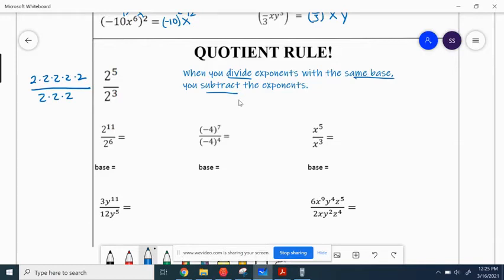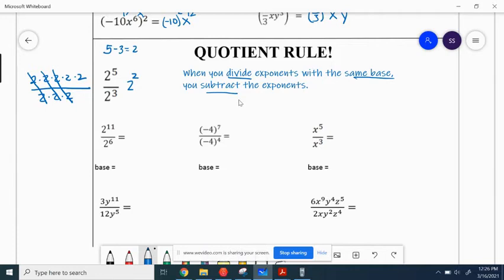All right, and we know that anything over itself is equal to 1, so a 2 on the bottom and a 2 on the top would cancel each other out. This would also be true of these 2's and these 2's. So what am I left with? I've got these 2 2's in the top, so this is 2 squared. All right, and so what's the faster way?